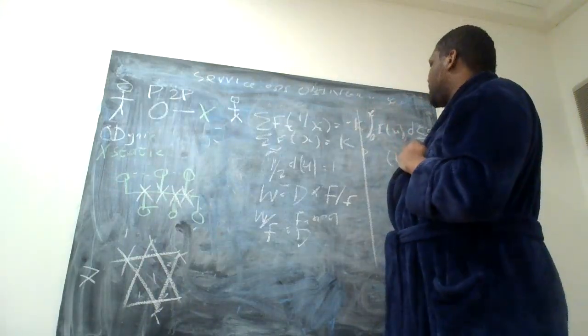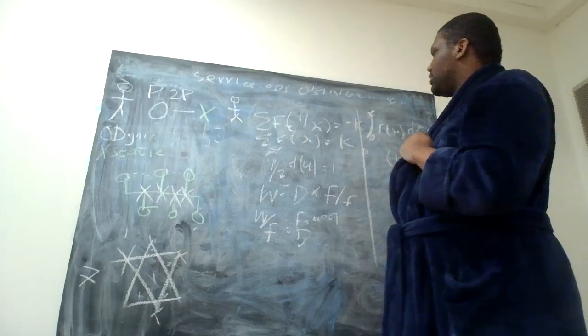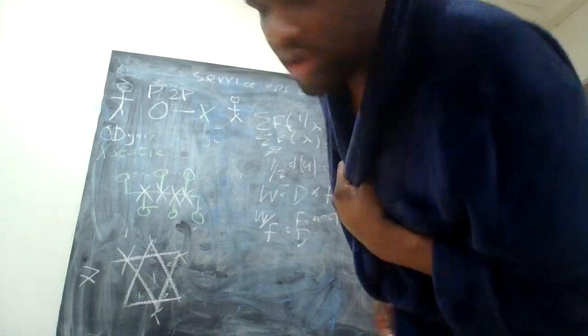So that'll be 1 over e. I put e here, but it should be an x. Kx times kx.